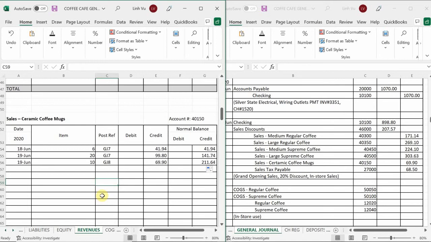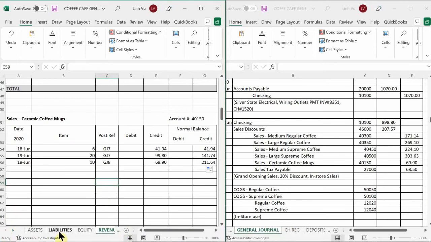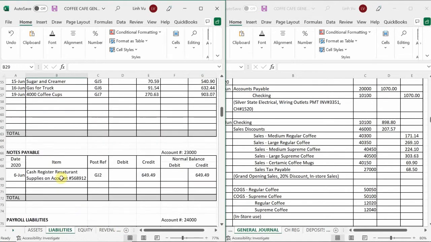And then we need to update the sales tax payable, the liability. Good, right? We need to collect the sales tax money.